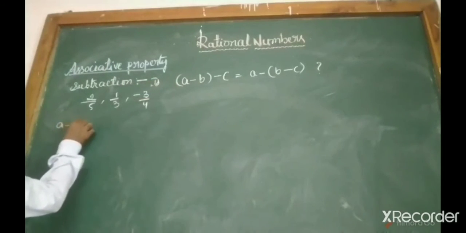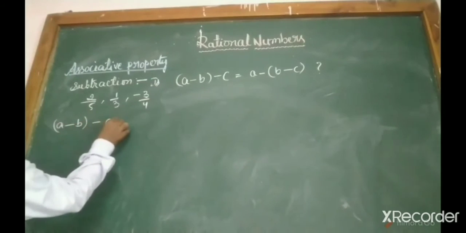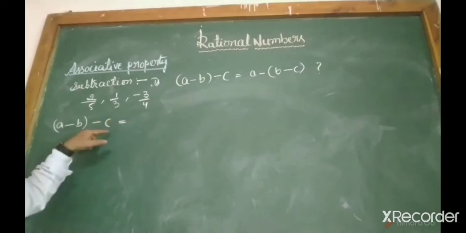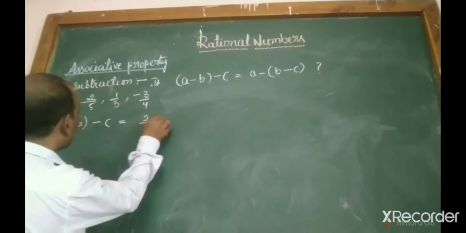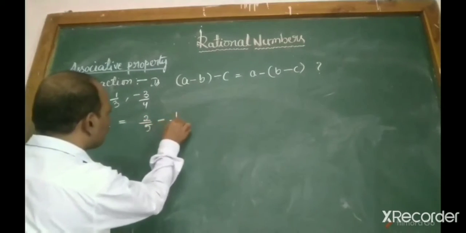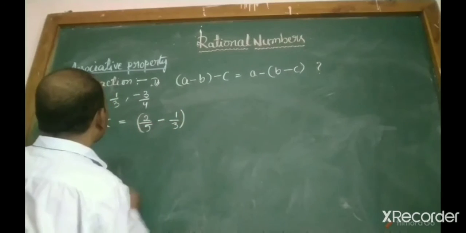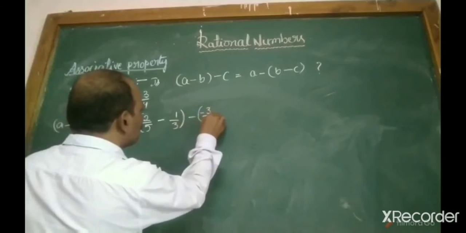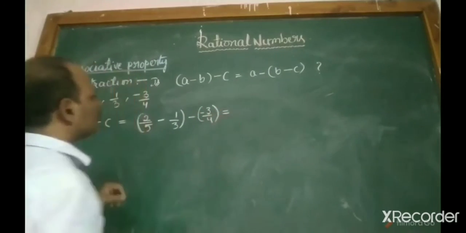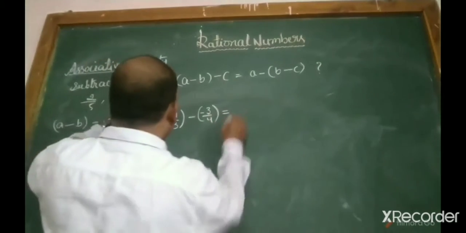Bracket A minus B, bracket, minus C is equal to here, A is 2 by 5, B is 1 by 3, minus of minus 3 by 4 is equal to 2 by 5.